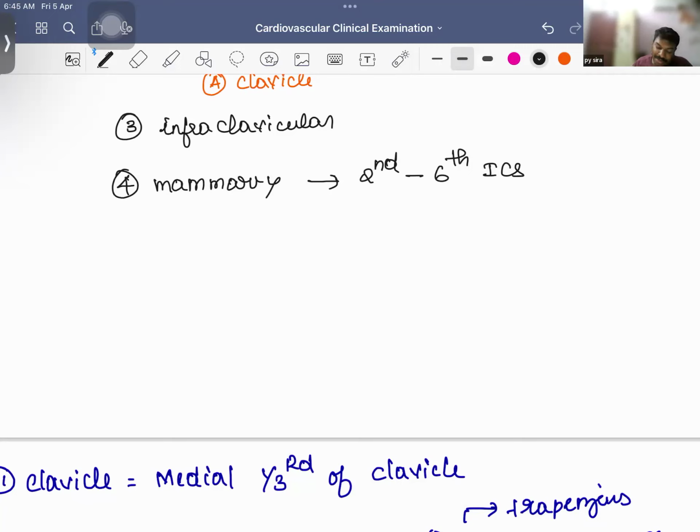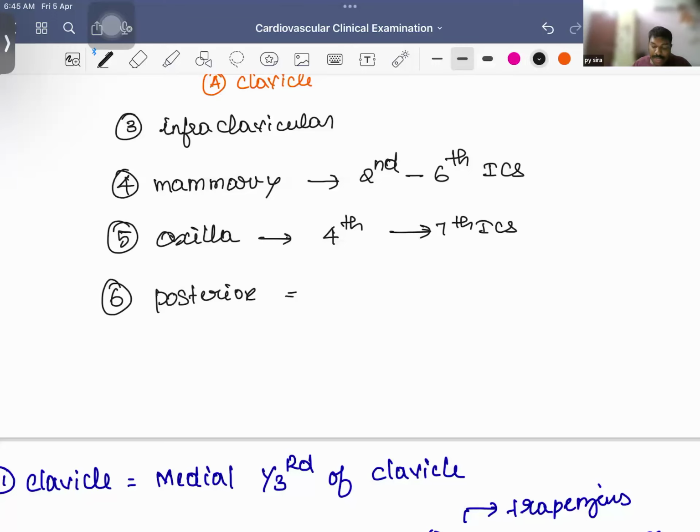Then coming to the axilla, you go from the fourth to seventh intercostal space. Then the sixth is the posterior area, where you are going to percuss. This is the scapula.